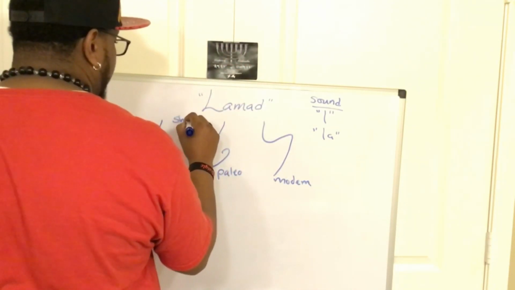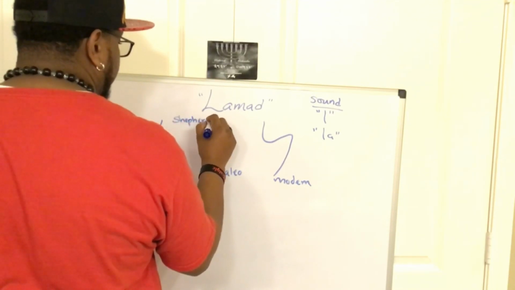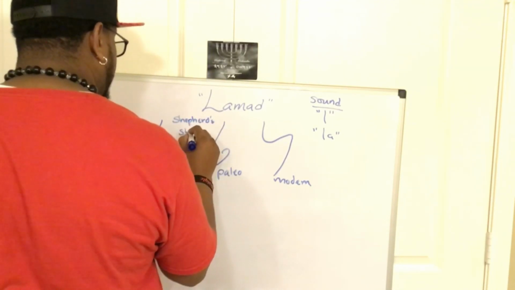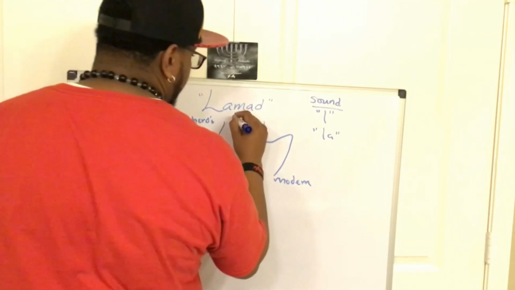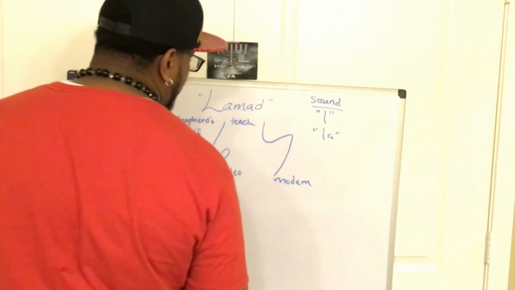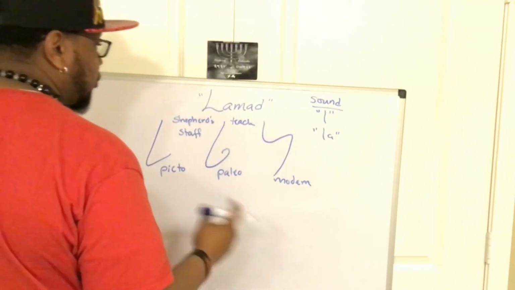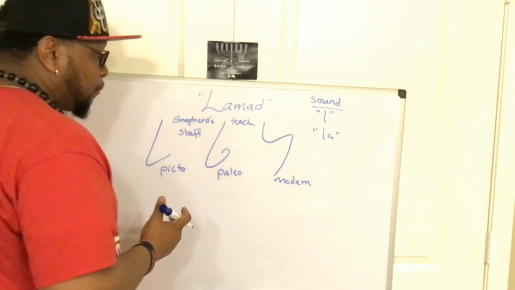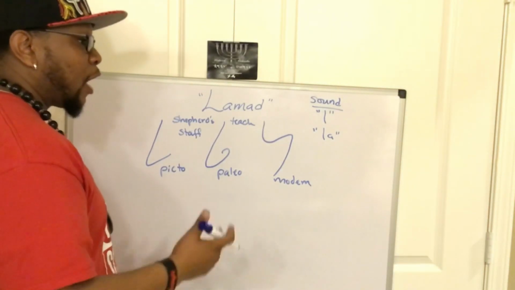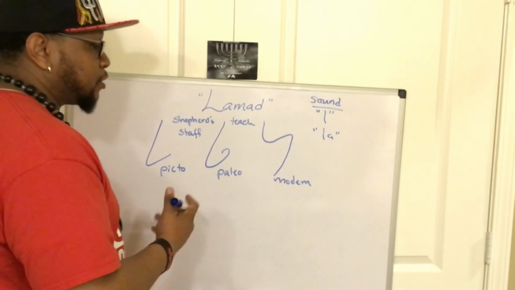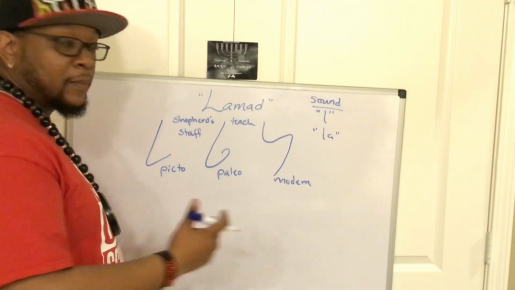We talked about that already. Shepherd's staff, to teach. That's why if anybody watched the videos of the guy who calls himself Lamad Yahu, Lamad Yahu is actually telling you that he is a shepherd or teacher of Yahuwah.